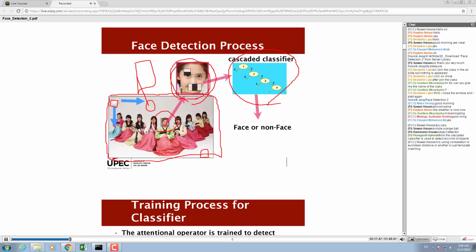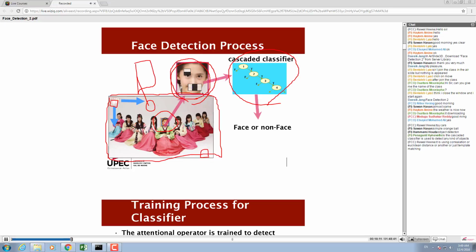Even though we have very different faces, we have a very common structure. So this basic pattern is not changing a lot. Is that clear?